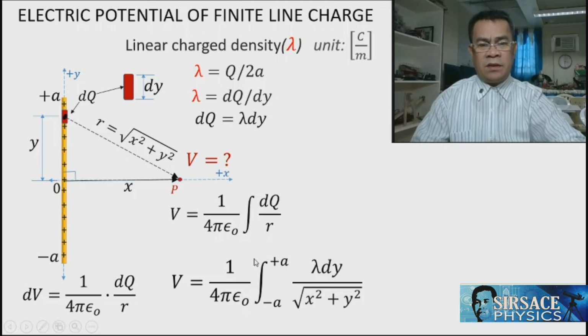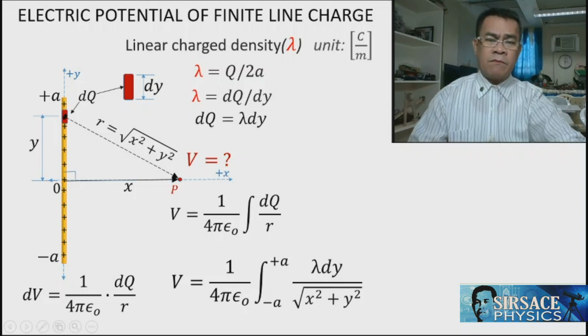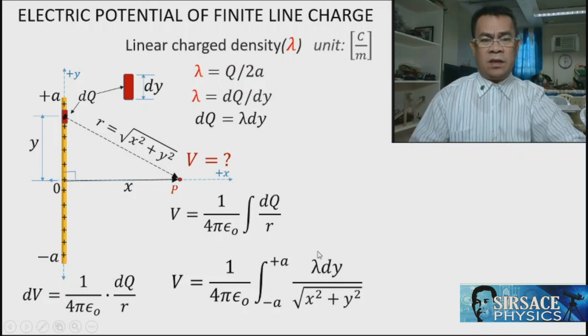We have 1 over 4 pi permittivity, integral from negative A going to positive A, as the infinitesimal charge moves from negative A to positive A. This is the dq and this is r.